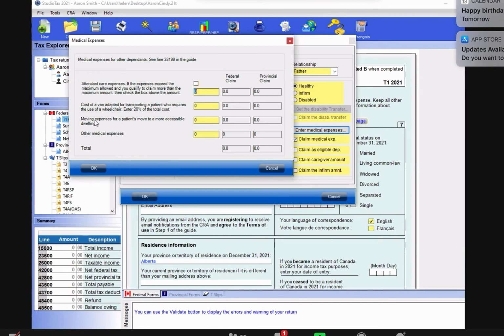Then the moving expenses, for patients who move to a more accessible dwelling. The first three are not; only the other medical expenses you put here. So be careful, there's a zero.